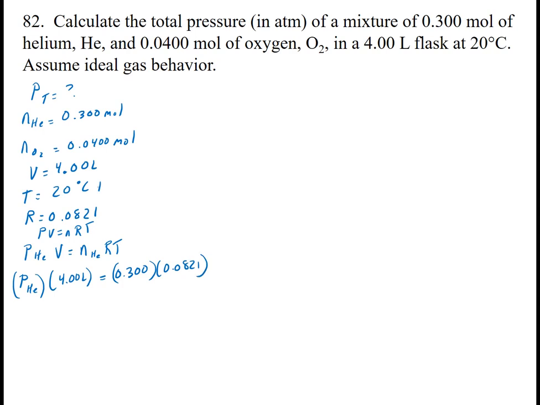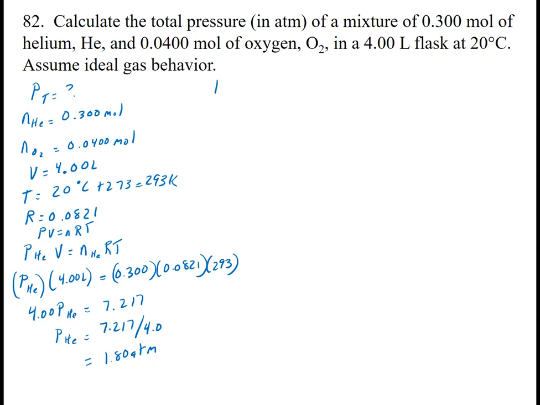And temperature has to be in Kelvin, so I add 273 to get 293 K. It always has to be in Kelvin, 293 here. So I get 4.0 times pressure. When I multiply this side together, I get 7.217. So my pressure of helium is going to be 7.217 divided by 4.0 to give me 1.80 atmospheres.